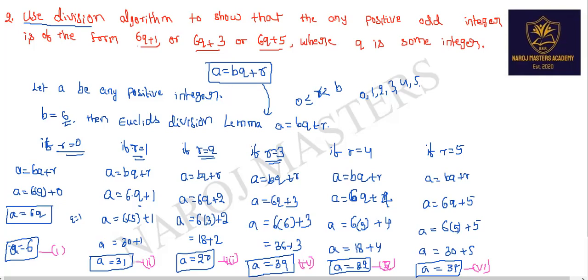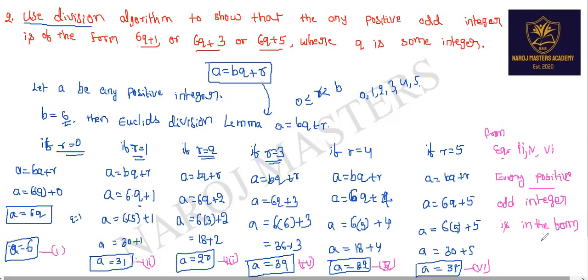From this, you can say that every positive odd integer, look here, in equations 2, 4, 6, every positive odd integer is in the form of 6q plus 1, 6q plus 3, 6q plus 5.